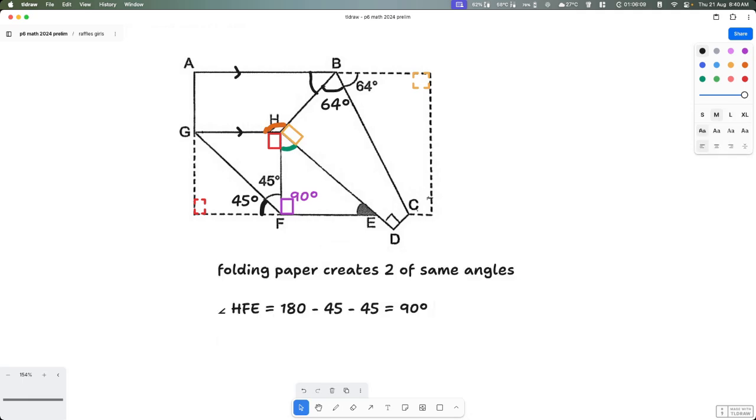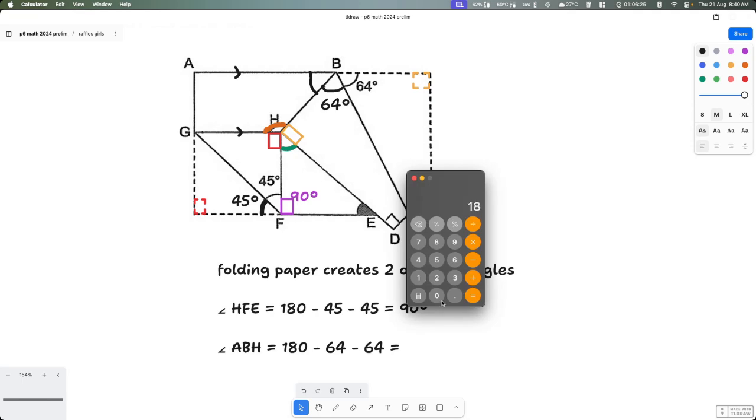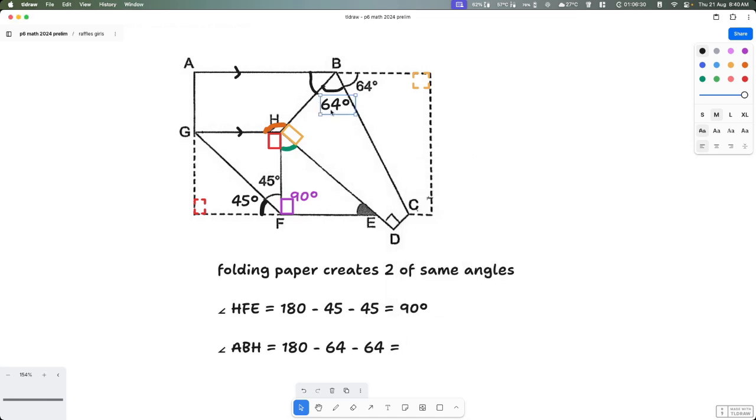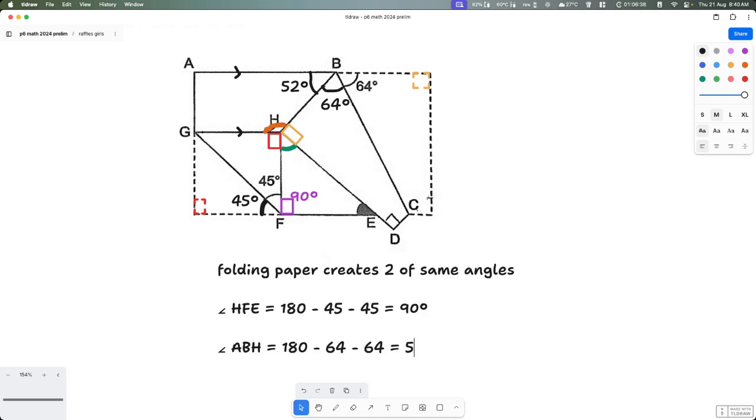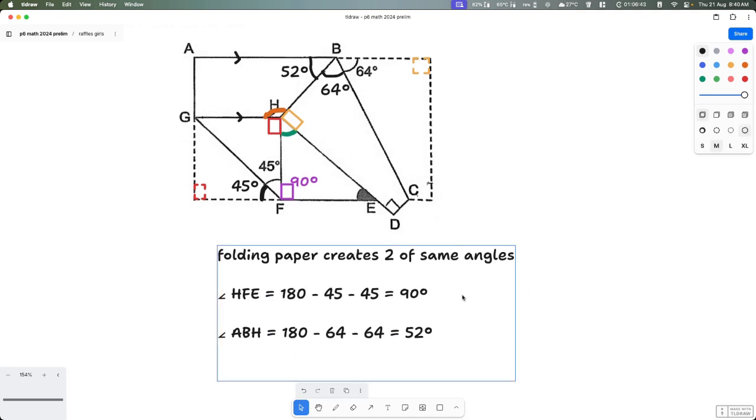So the black angle ABH is equal to 180 minus 64 minus 64, and using the calculator, this will give us 52 degrees. So now we know that this is 52 degrees. The next thing is we can get the orange one, which is BHG.